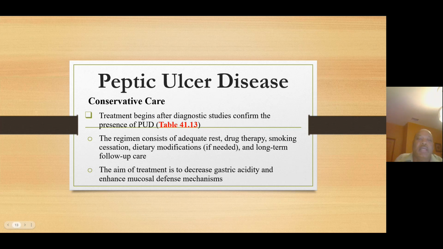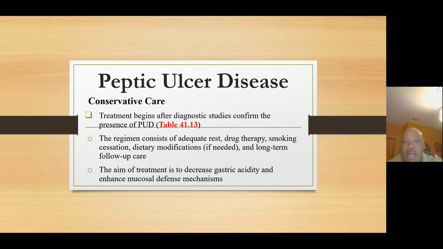All right. Now, during the acute exacerbation period without complications, these patients must be made NPO. They also may require an NG tube for suction in order to decompress the abdomen, and also to keep those irritating substances out of the stomach.